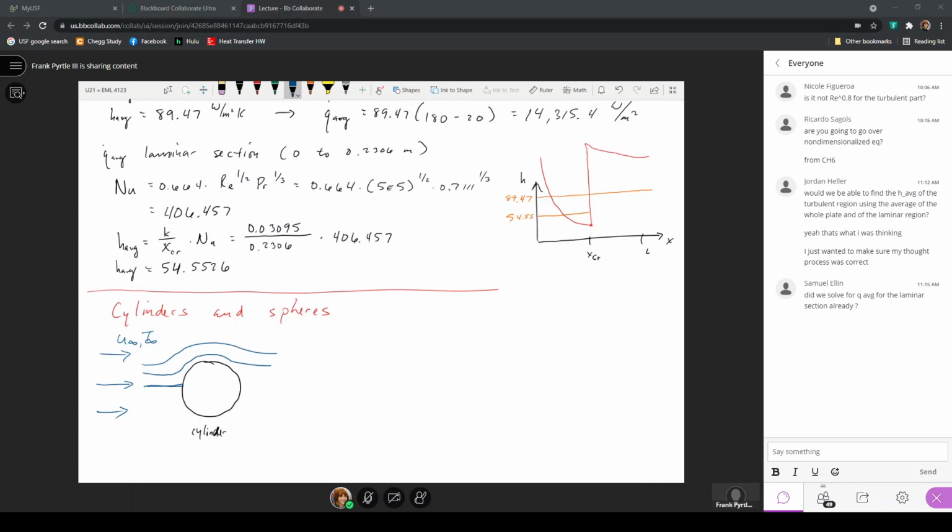And if you noticed as you were reading, there were some expressions of Nusselt numbers as a function of angle, so that there's an angle theta that is from 0, and they don't go quite to 180.